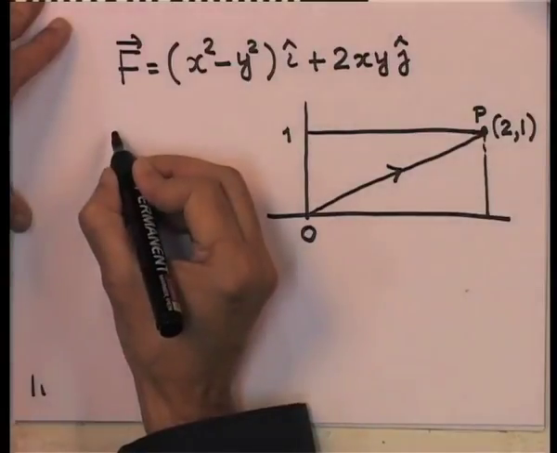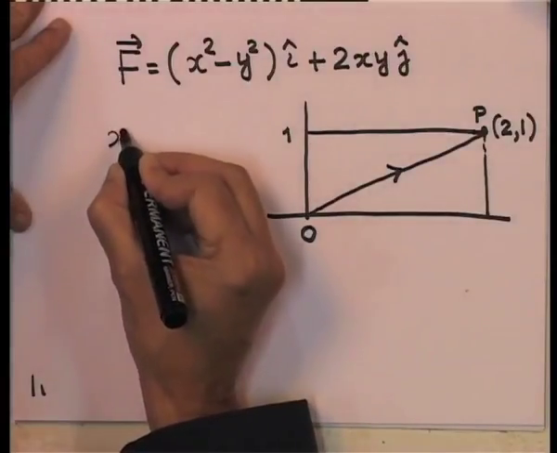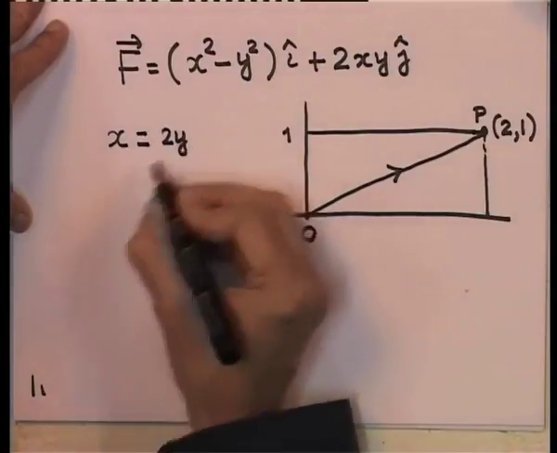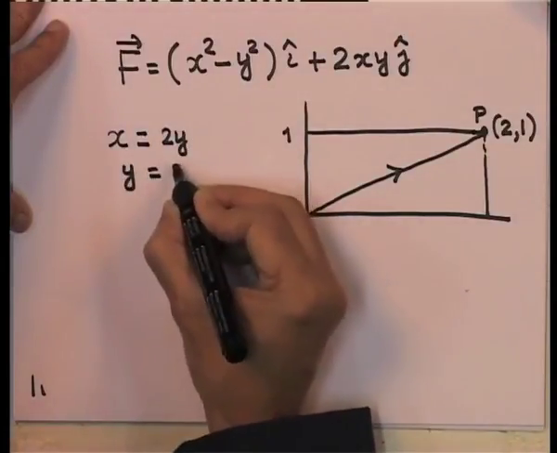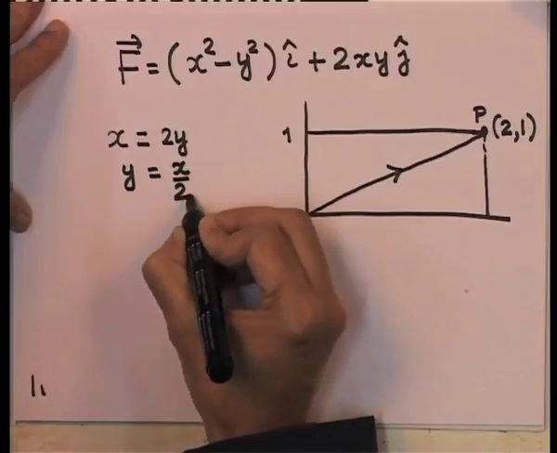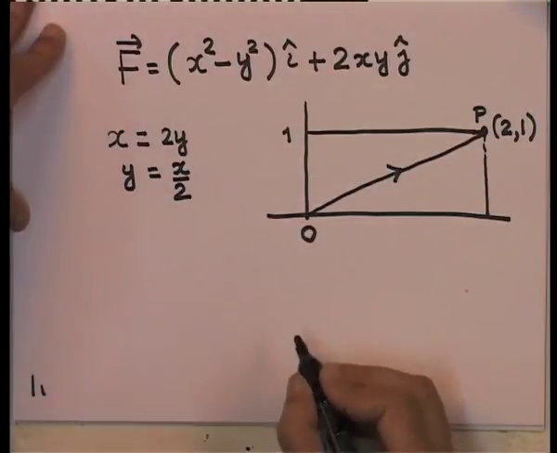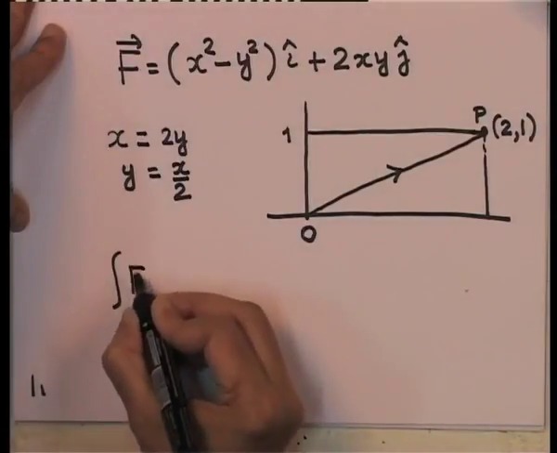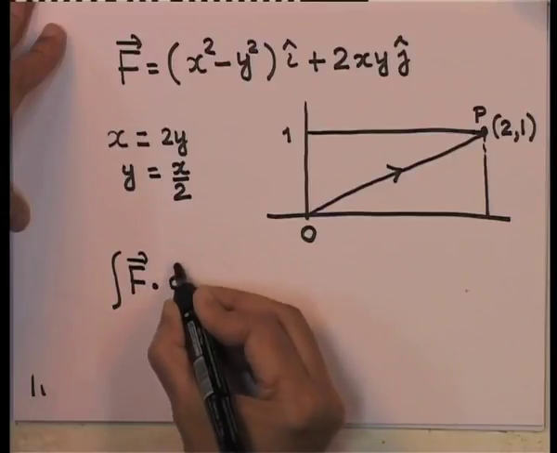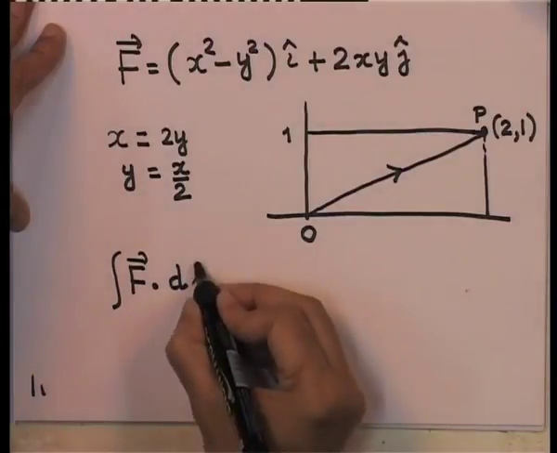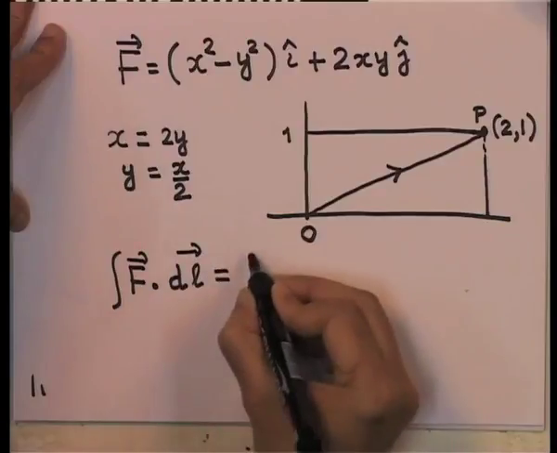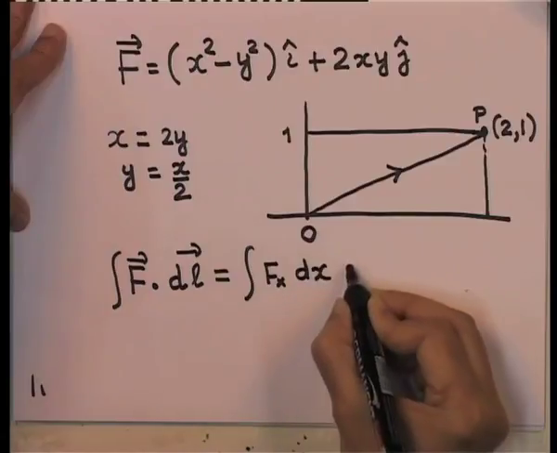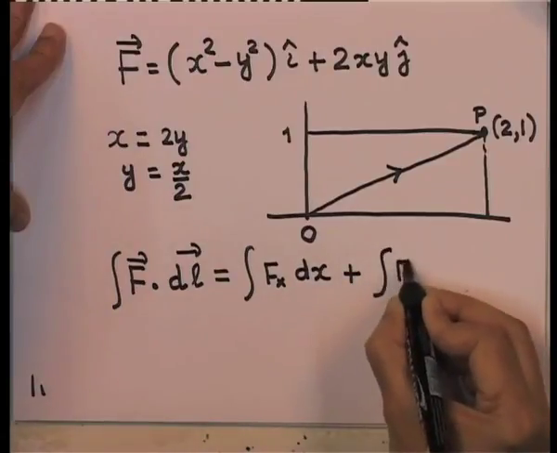The equation of this line obviously is x equal to 2y, alternatively y is equal to x by 2. Now, let us look at how one computes this. Remember, the integral of f dot dl, if you like, is the integral of f x dx plus the integral of f y dy.